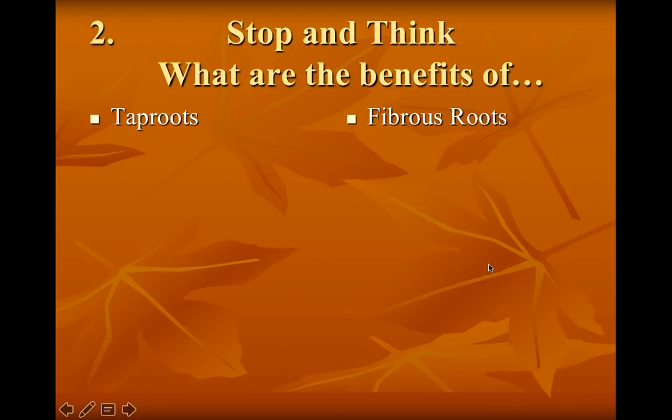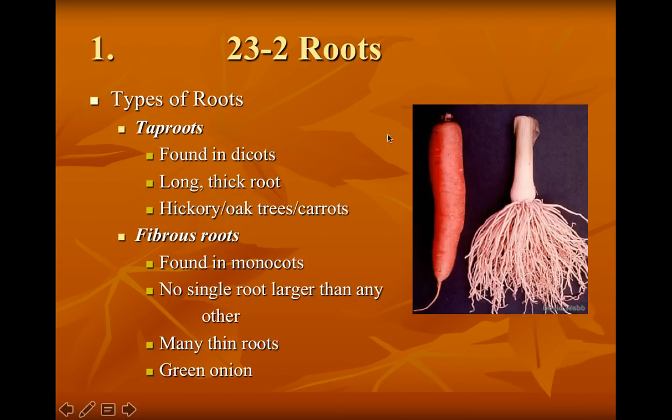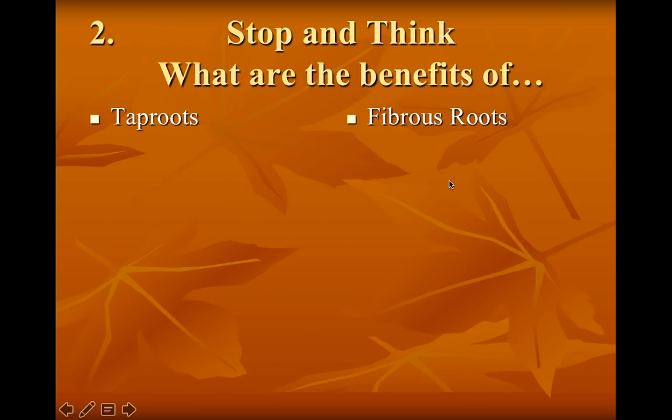Okay, now I want us to stop and think, and you can add this in. I don't think I have anything typed on this slide, but stop and think of the benefits of taproots and fibrous roots. So think about the way that their structure is tied to their function. Taproots, because they're longer, one advantage that they have, one thing I would jot down here, is that they can access much deeper water.